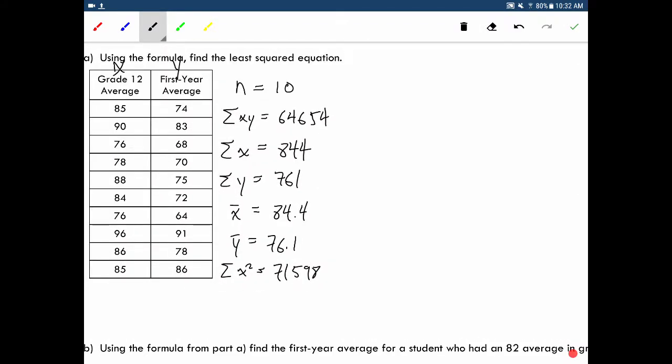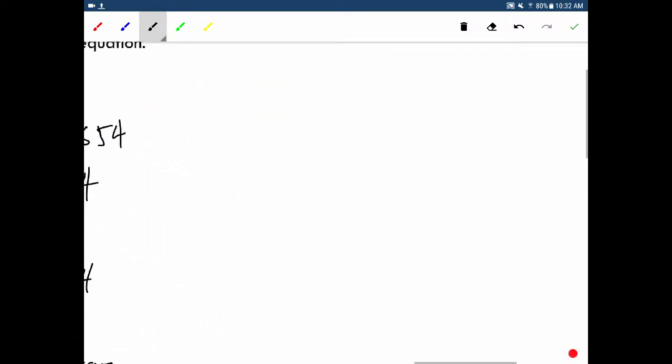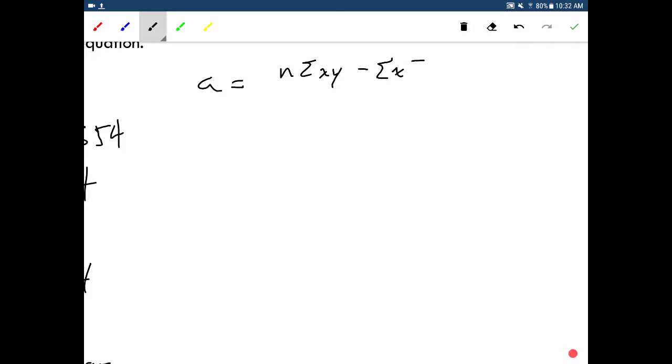Okay? So, our formula for A. A is n times the sum of xy minus the sum of the x times the sum of the y. Whole thing divided by n times the sum of x squared minus the sum of the x's, squared. Okay, so I plug that all in.